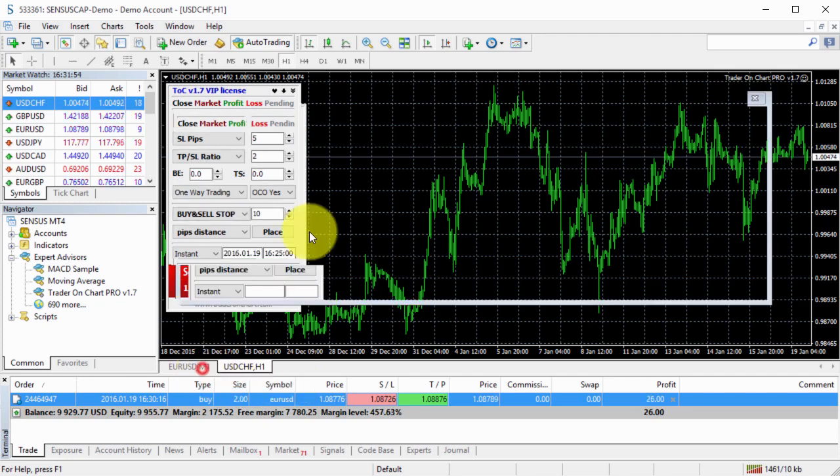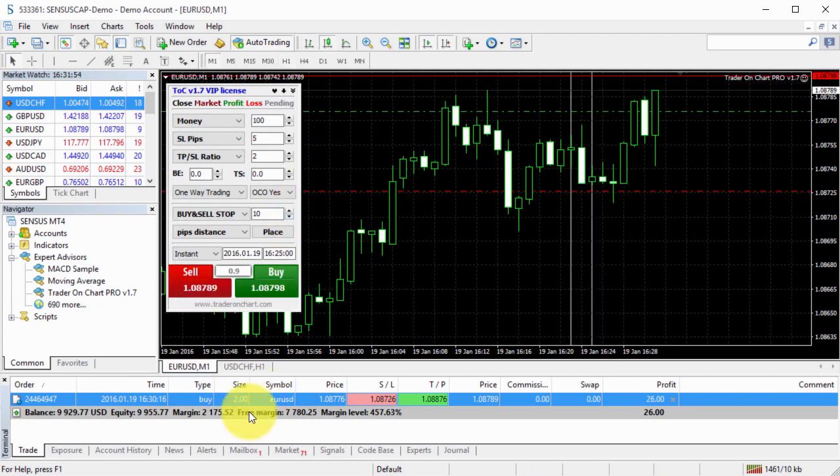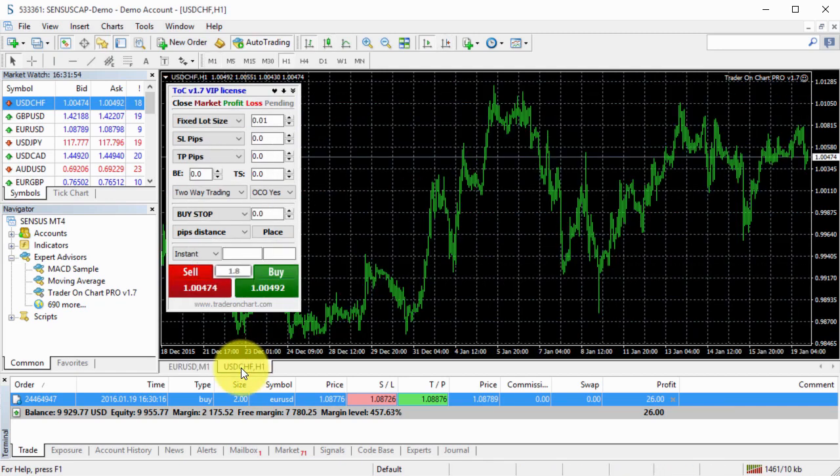So now I can even go to the euro dollar chart and click this little heart button right here. What this does is it saves the settings as defaults, and now if I go to another instance of Trader On Chart and click this arrow right here, it will load the default settings.